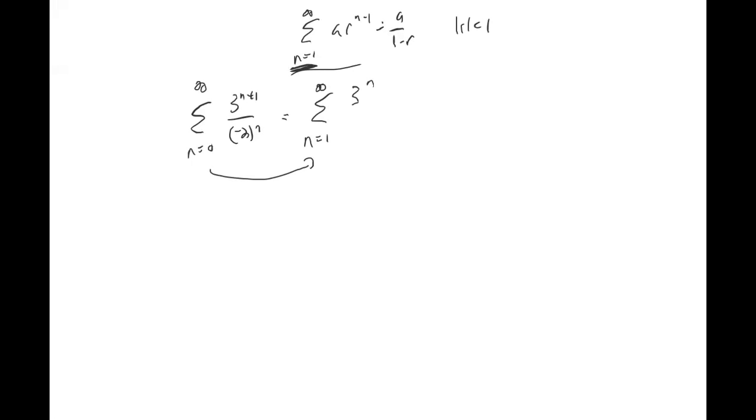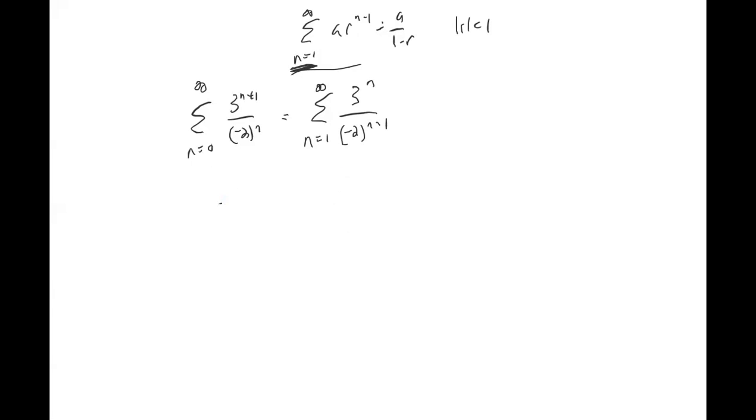So your guess would be like this. And sure enough, you could check it. Just check the first term. The first term here is 3 over 1. Negative 2 to the 0 is 1. First term here is 3 over 1. Yeah. These are indeed the same.